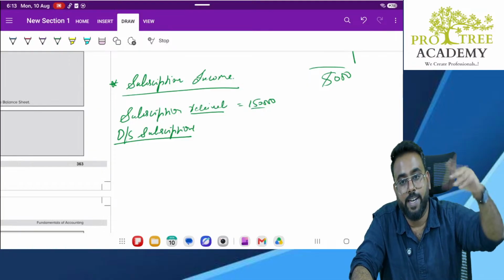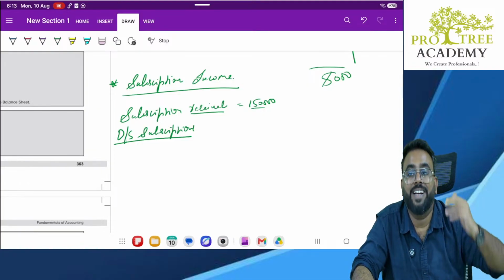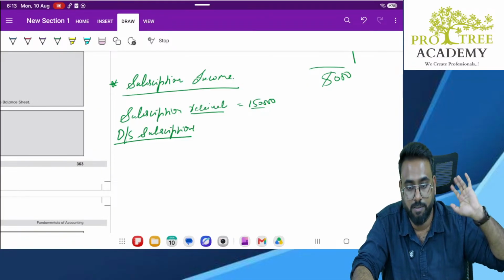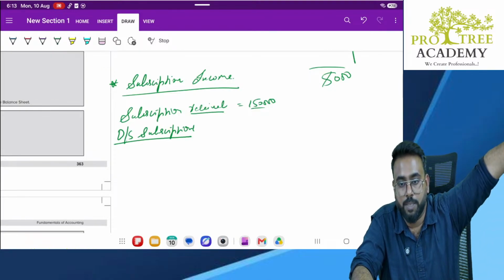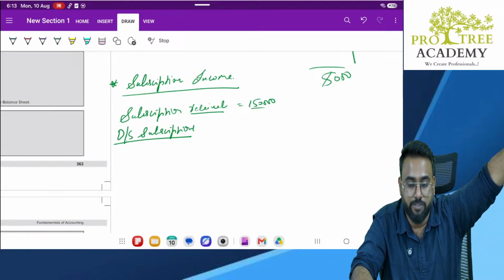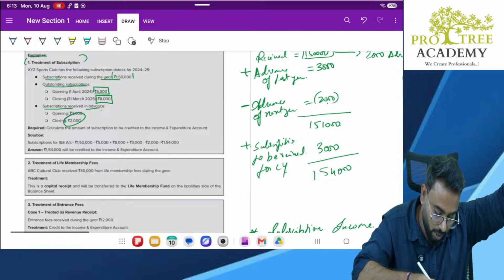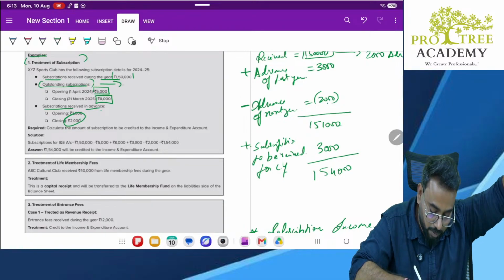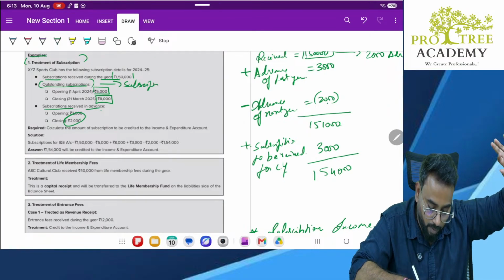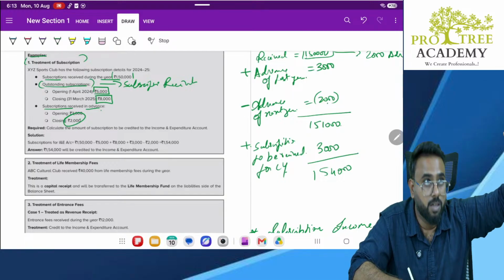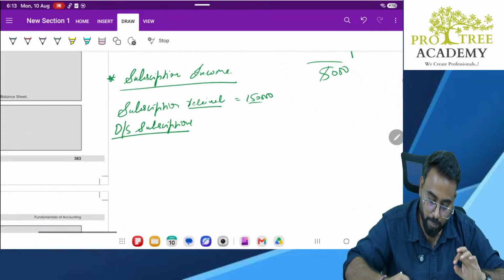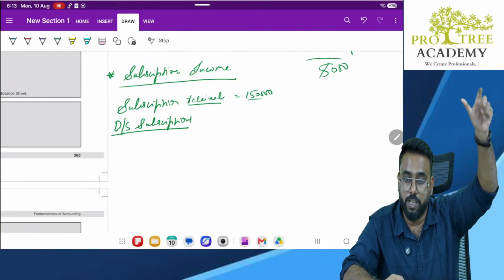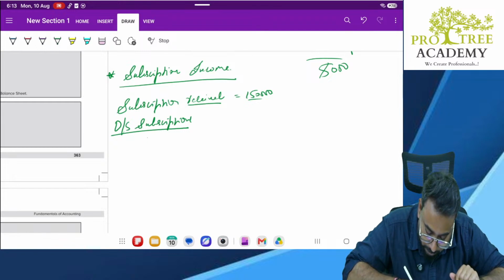Let's assume that it has been received by us. Outstanding means receivable. Don't get confused. Outstanding subscription is nothing but subscription receivable. So let's assume that this subscription receivable, whatever opening balance was there, 5,000, has been received.